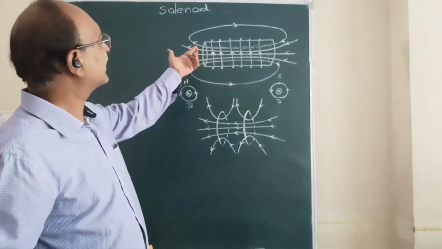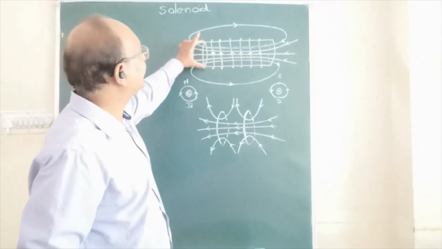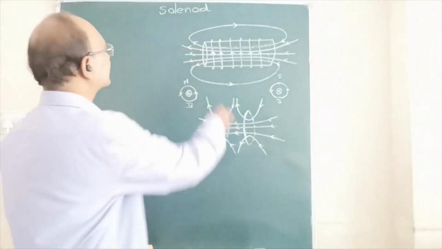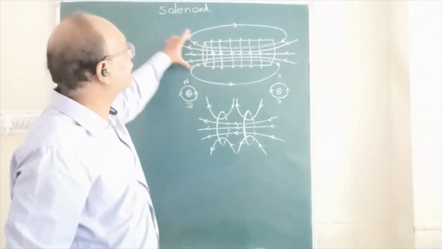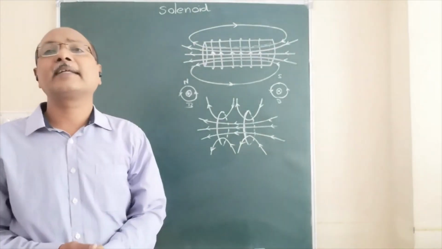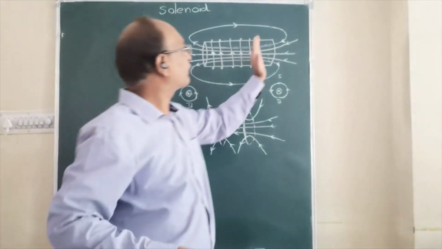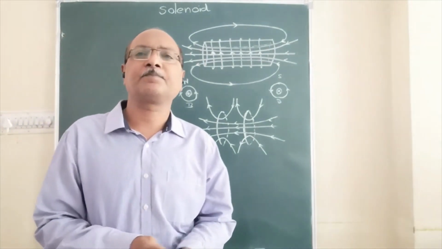Here we can show the magnetic field lines. They emerge from the north pole and move toward the south pole, and inside they move from the south pole to the north pole. So it is similar to a bar magnet.